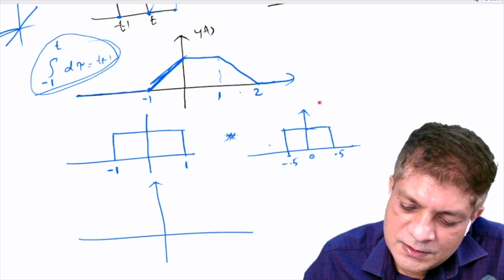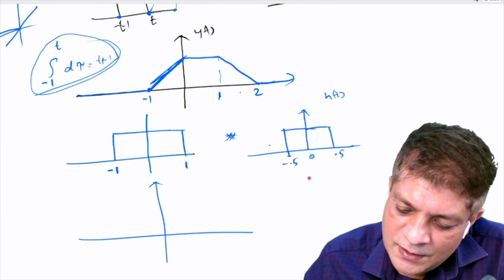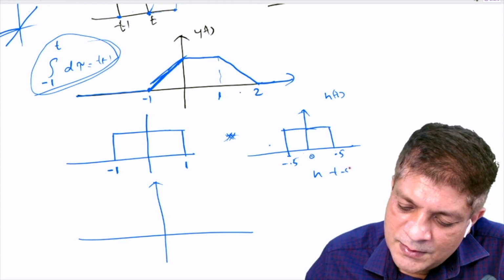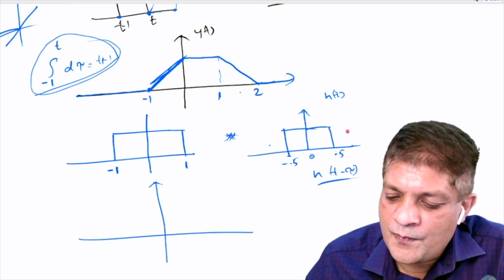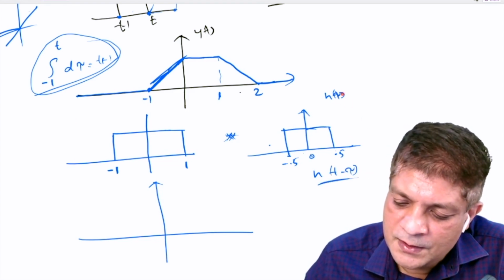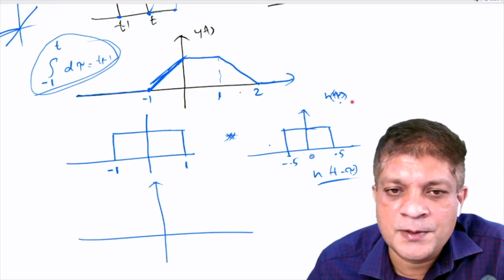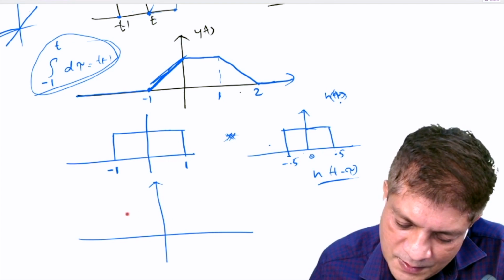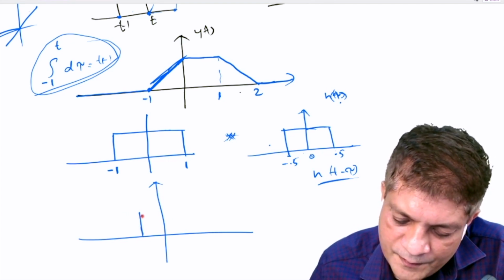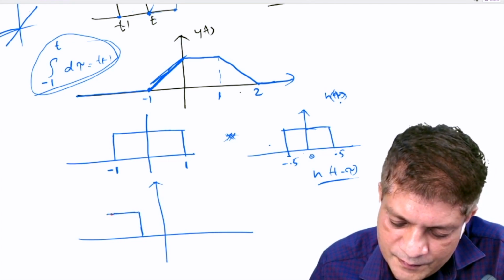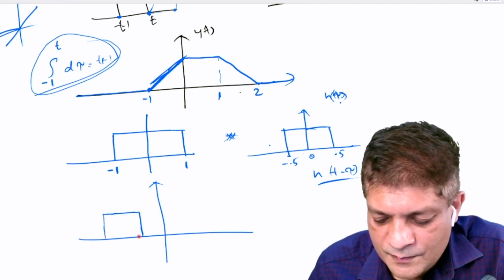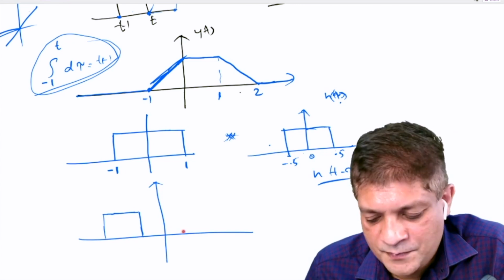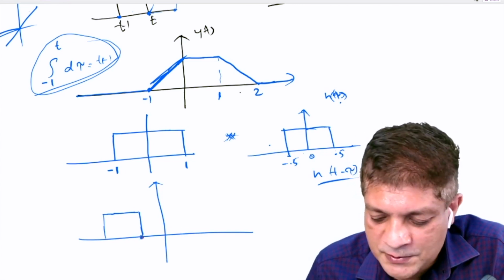This is h(t). What is h(t minus tau)? First you have to make this h(tau), then flip it, delay by t. So what will be the signal? Okay, let me draw it here. Is it something like this? Depends on the value. Which point will be this?